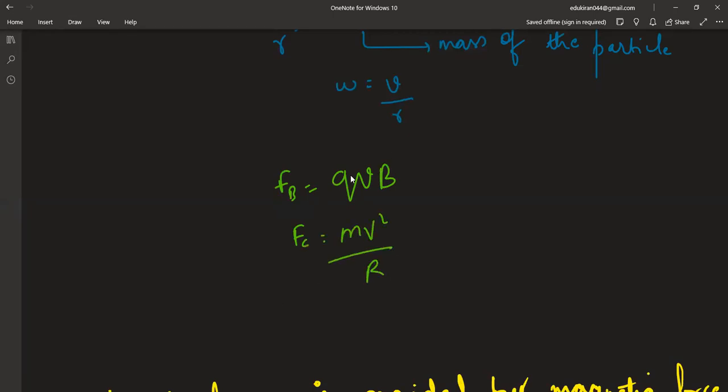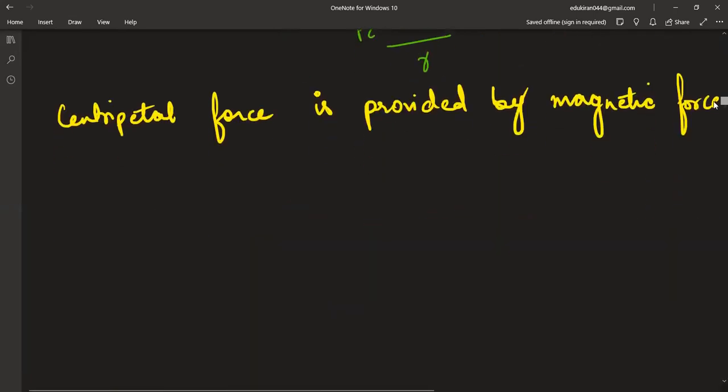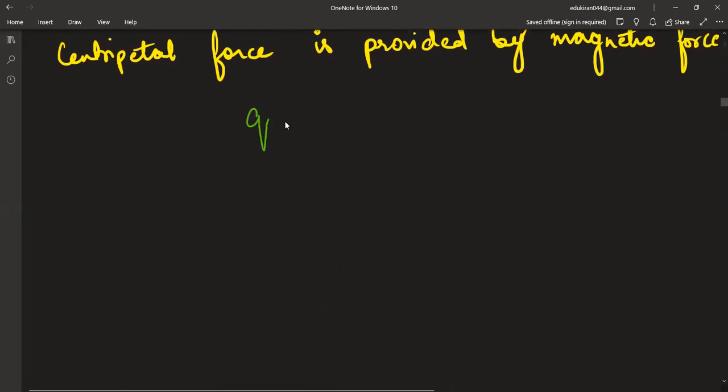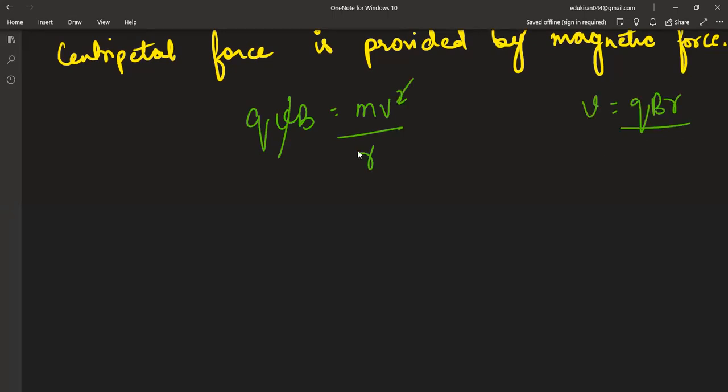So can you see both of these are actually equal? The centripetal force, let me write it with a small r. So centripetal force is provided by magnetic force. So we can say QVB is equal to mv square by r. So velocity will be cancelled. Velocity is QBR divided by m.